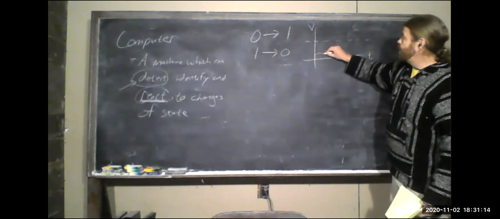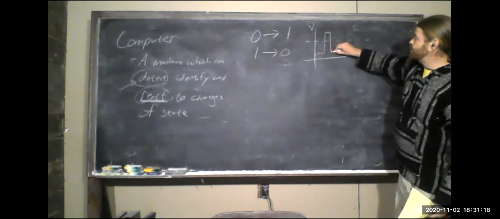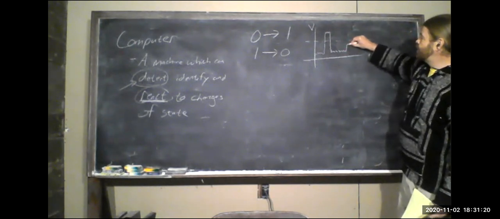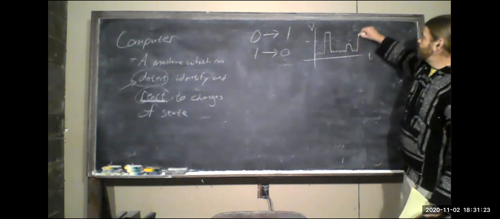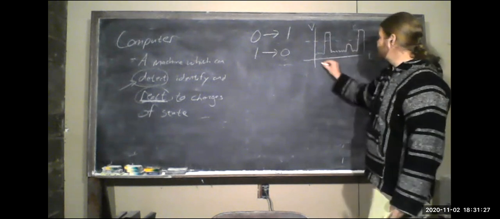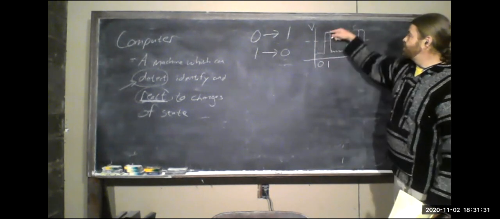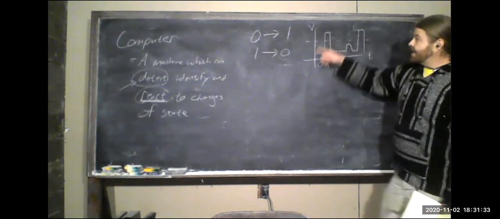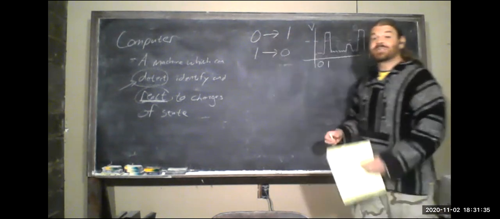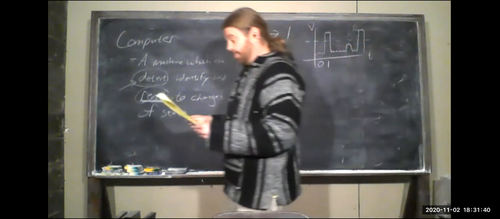We're down here below it, something happens, it jumps above it, back down for a while, up, and it bounces all over the place because it's electricity. But if we're below that threshold, we define that to be a 0, and above the threshold is a 1. And that's really the only 2 changes of state we could have, a 0 going to a 1 or a 1 going to a 0.